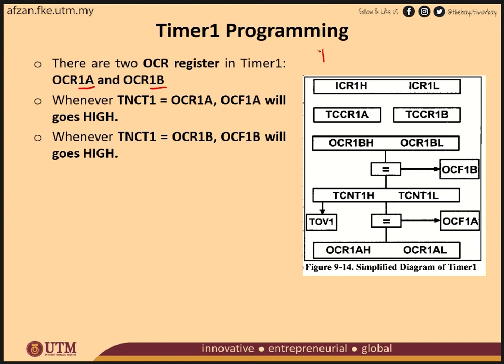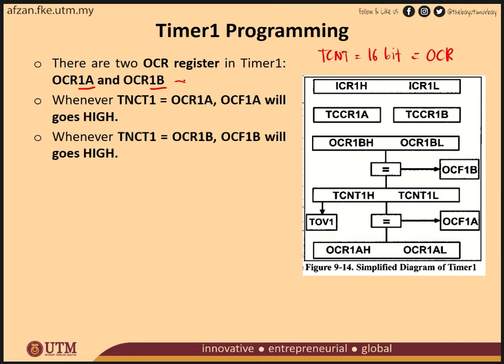Since your TCNT is 16-bit, your OCR is also 16-bit, because you want to compare whether your TCNT is equal to OCR. So you can use either OCR1A or OCR1B.